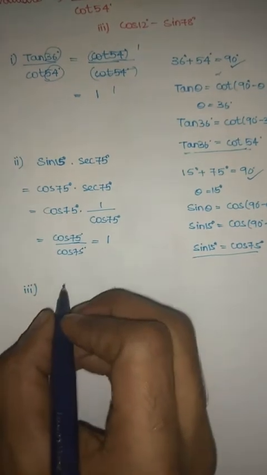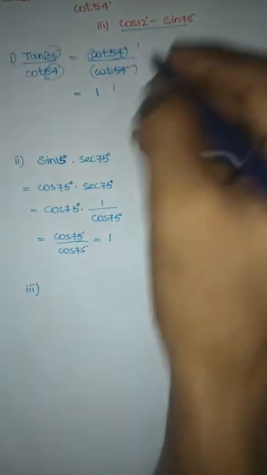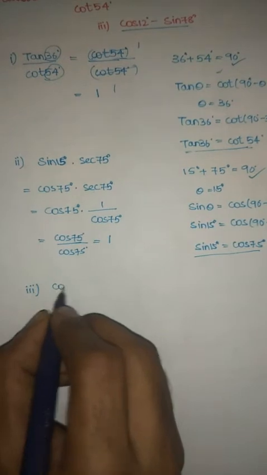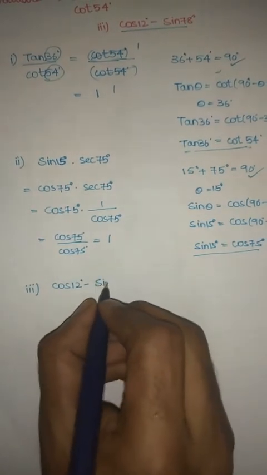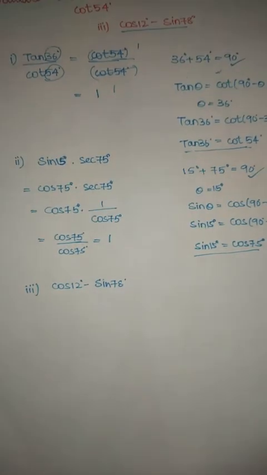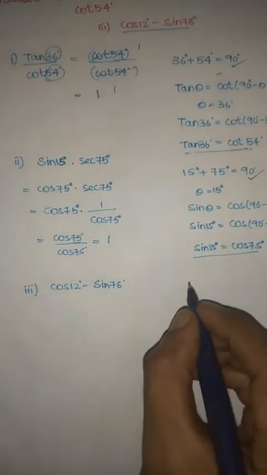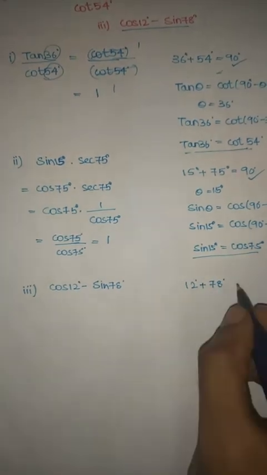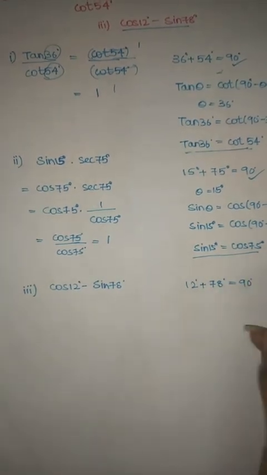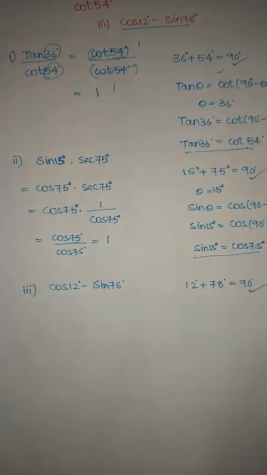The question is cos 12 degrees minus sin 78 degrees. We need to evaluate this value. Add these two angles: 12 degrees plus 78 degrees is equal to 90 degrees. So we can use this concept.